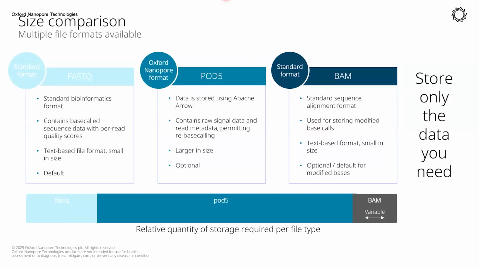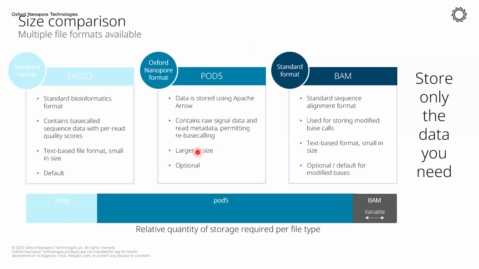So here we are showing, as you can see, the POD5, which is the Oxford Nanopore format. The data is stored in the Arrow library. It contains the raw signal data and metadata, and because of that, we have the ability to do the rebasecalling using the standalone Dorado software, which we might try today.